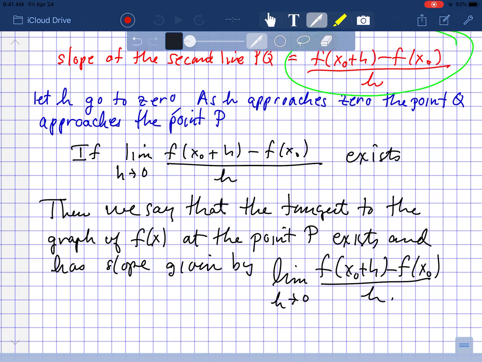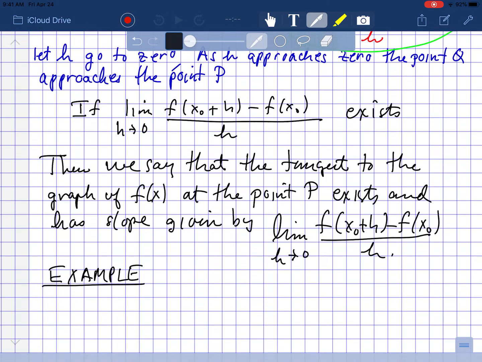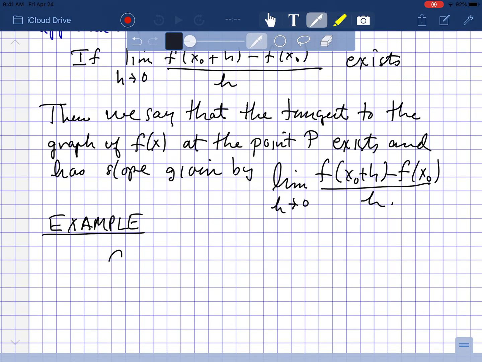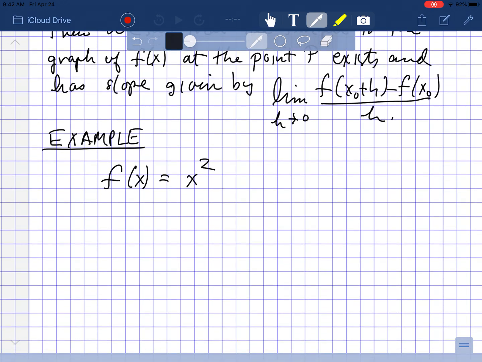Okay, so let's look at an example. So we'll take as our function f of x, let's just make it x squared. Okay, so it's the function x squared, whose graph we know is a parabola.